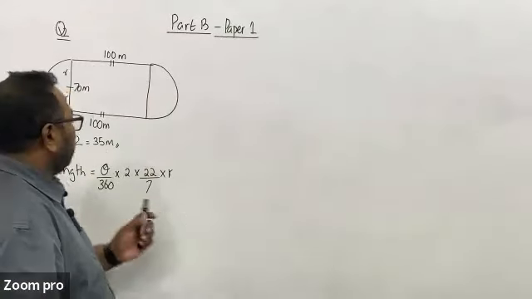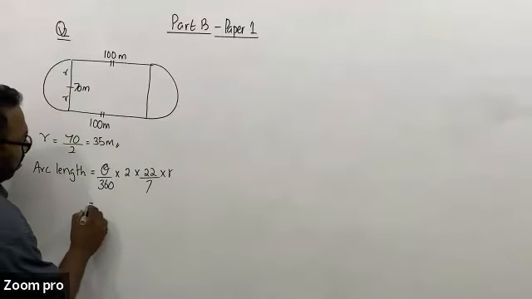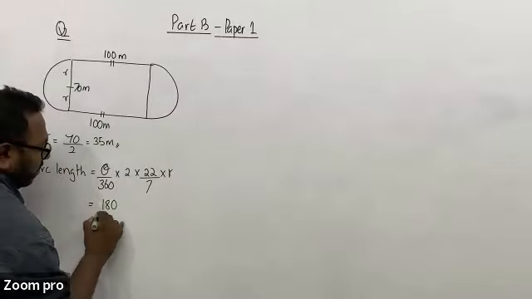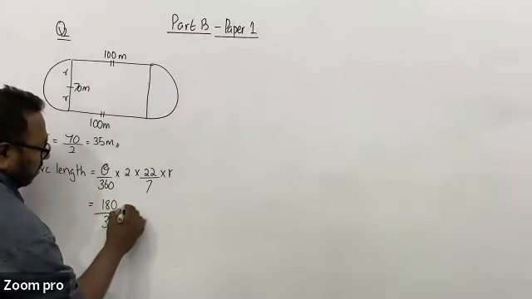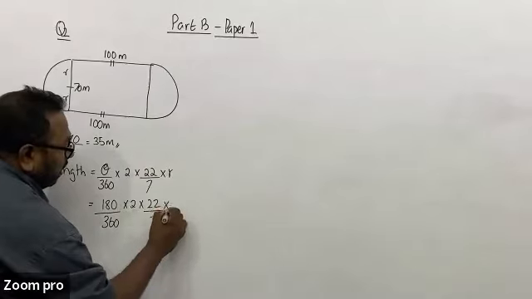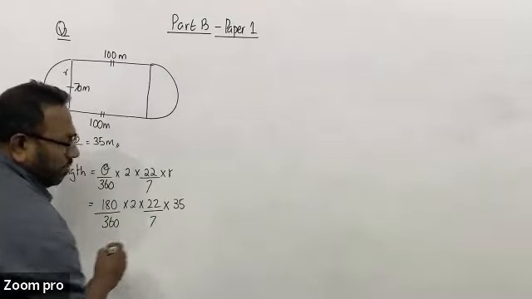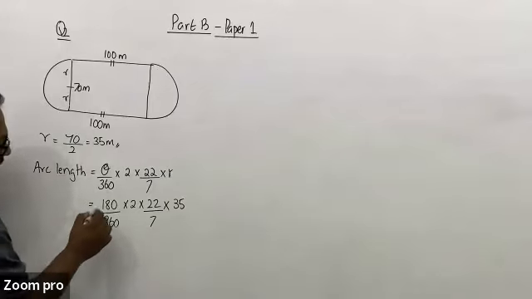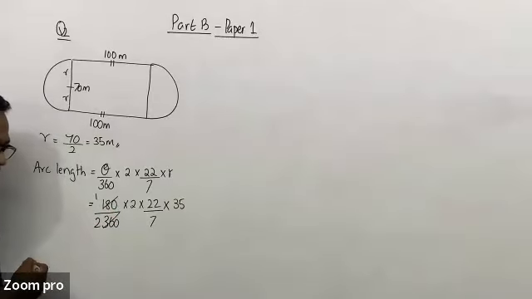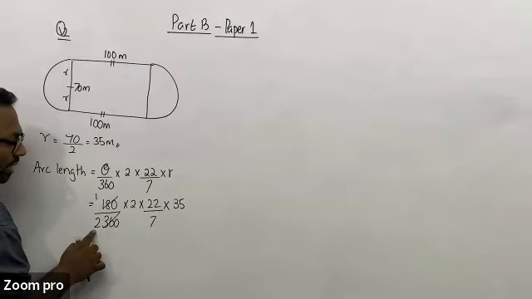Okay. So arc length is theta over 360 into 2 pi r. Let's find the arc length now. We know it's a semicircle, so the central angle is 180: 180 over 360 into 2 into pi into r, which is 35 meters. This 180 and 360 we can simplify: 180 divided by 180 is 1, 360 divided by 180 is 2.